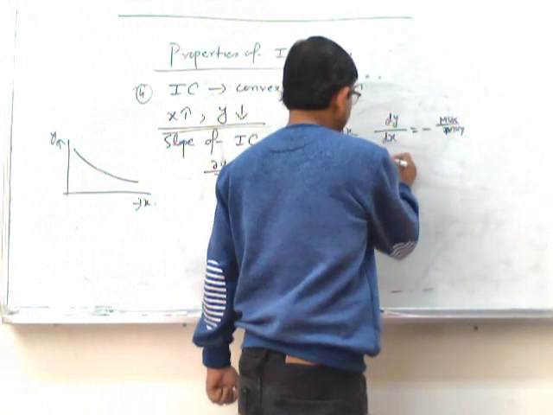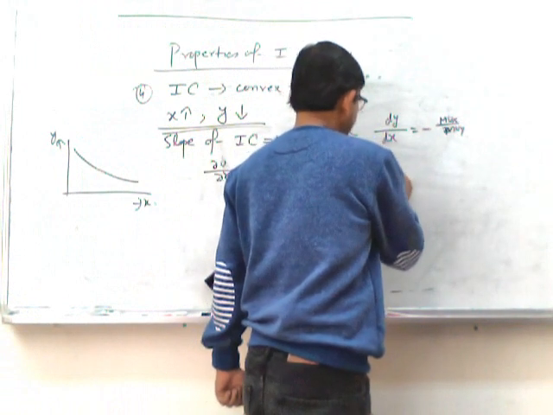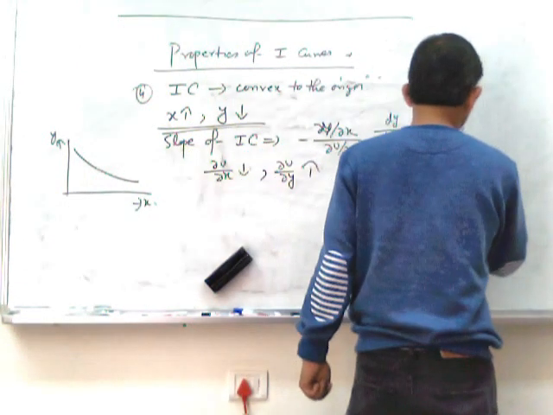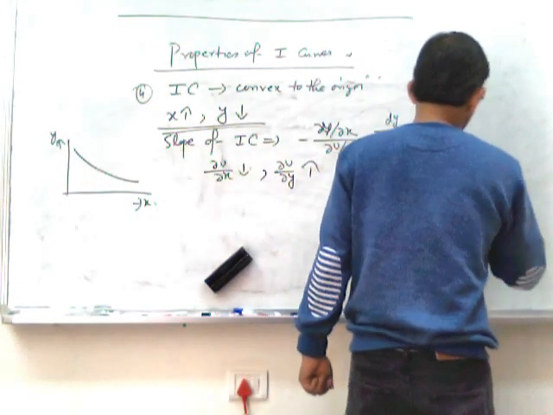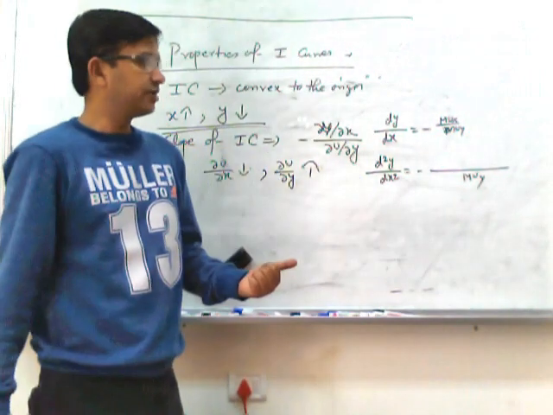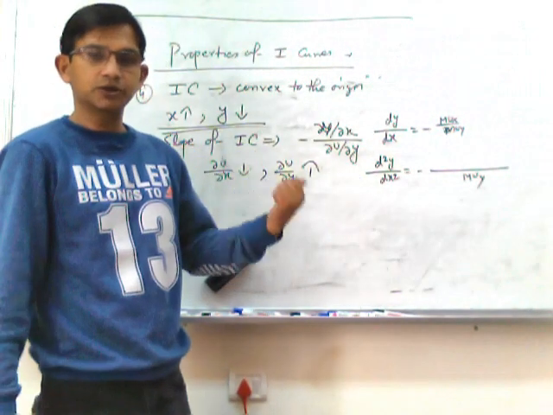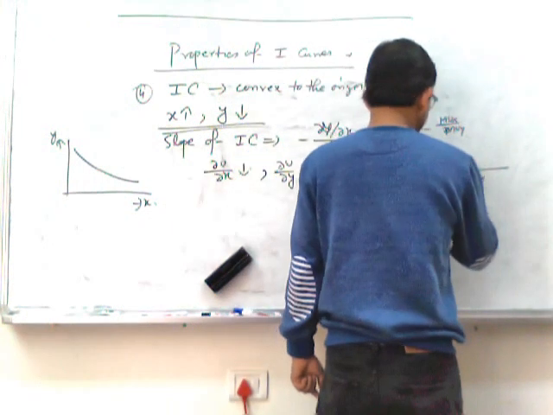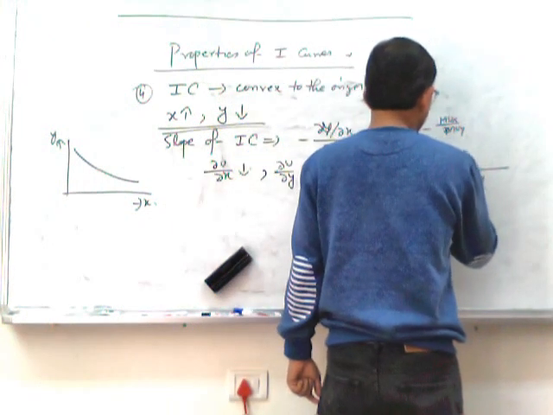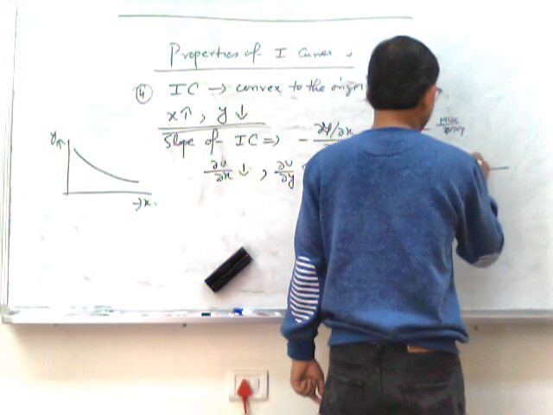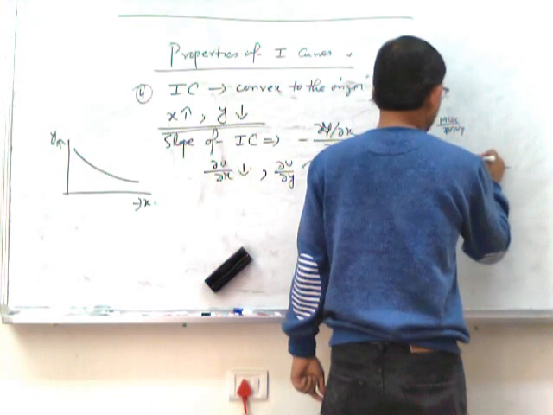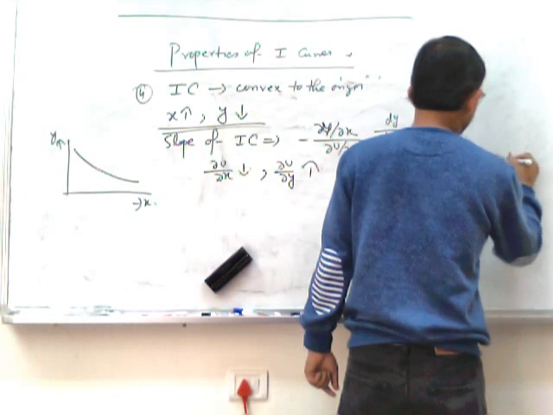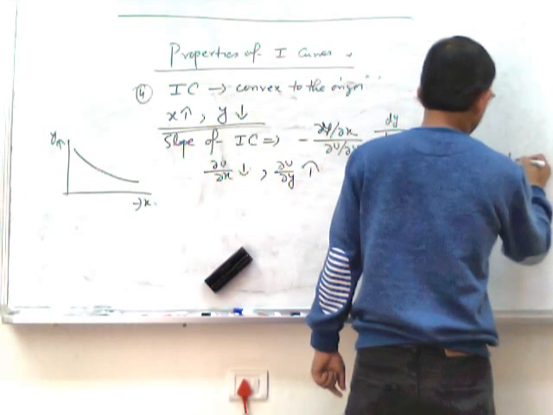That d2y by dx2 equals minus of, if we solve it by the u by v process of differentiation, MUy into d/dx of MUx minus MUx into d/dx of MUy.